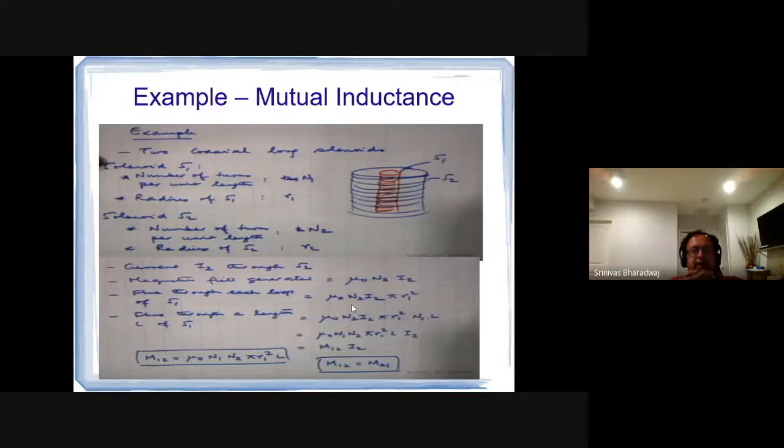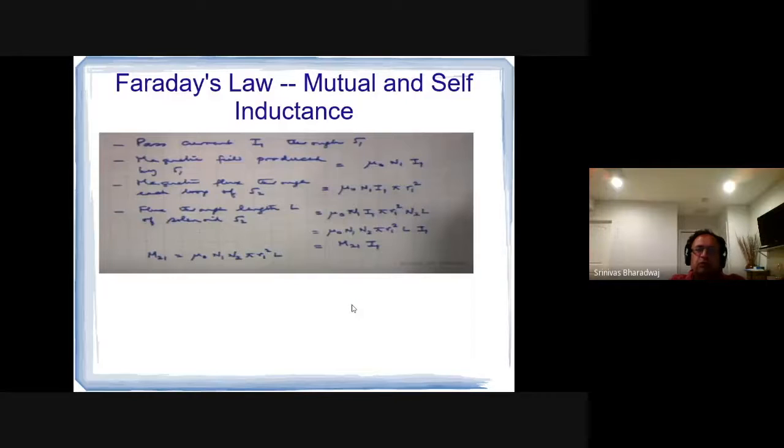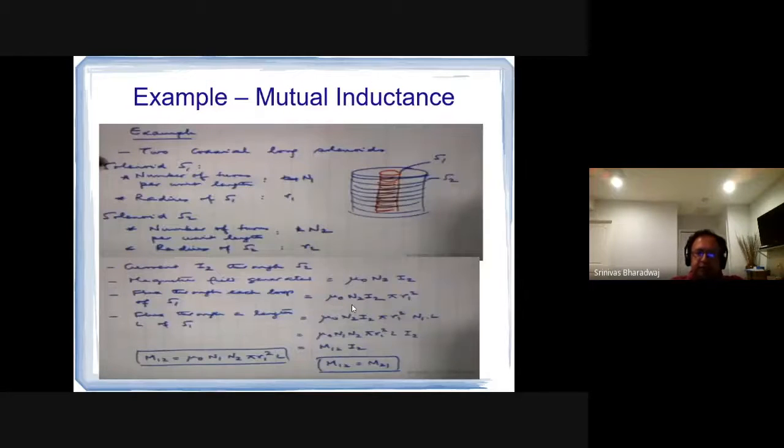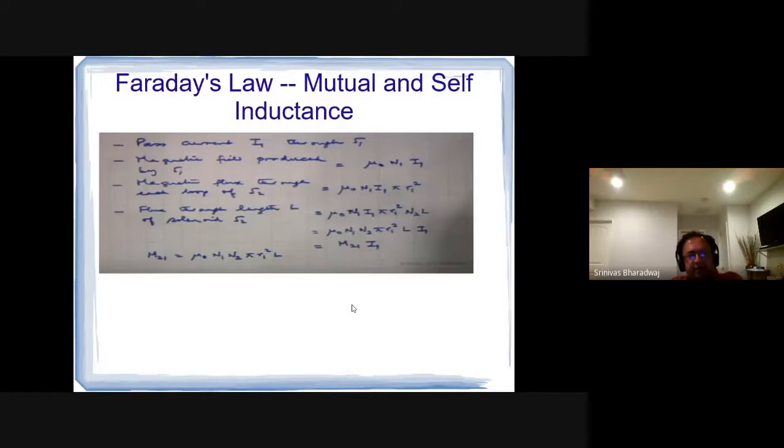Phi2 equals M12 times I1, or the other way around, and M12 equals M21. The induced flux will involve the same constant, so if you had the same current, you will have the same flux.